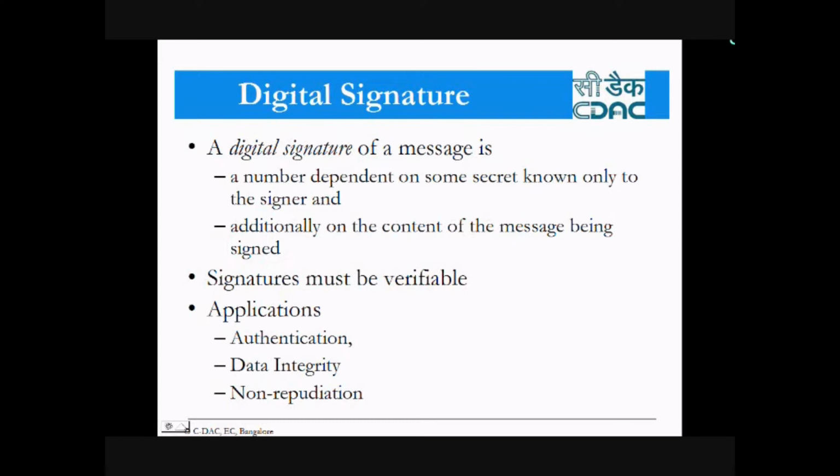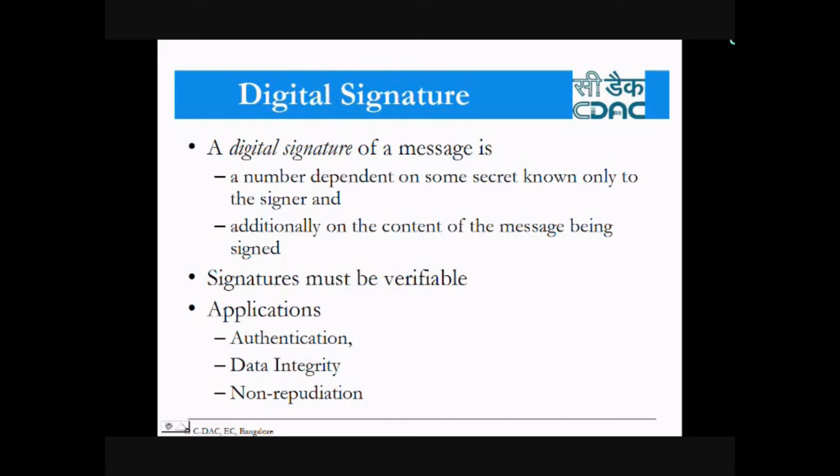But such a thing can never happen in the electronic world where digital signatures are used. Because if such a thing is done, immediately that signature becomes invalidated and the document or the content becomes an unsigned one. So that is the beauty of this digital signature.